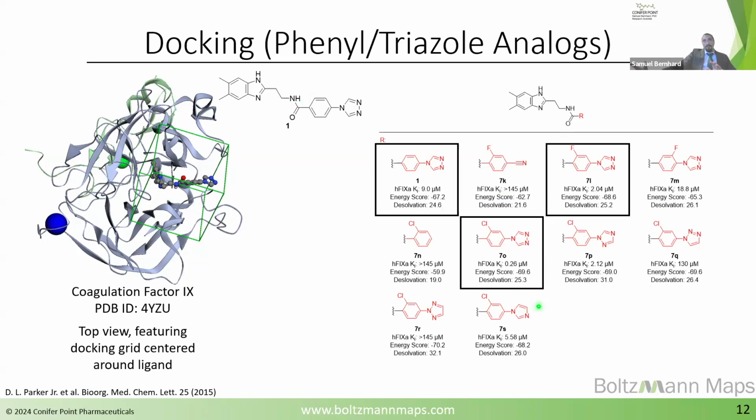So upfront, some qualitative observations can be made. For example, at this 2 position on the phenyl, the chloro has the strongest affinity, followed by the fluoro, and then the hydrogen here. When we look at docking poses, we'll see that this position is solvent exposed, and so the more polar groups here are going to be more preferred.